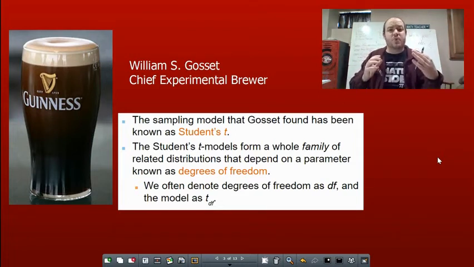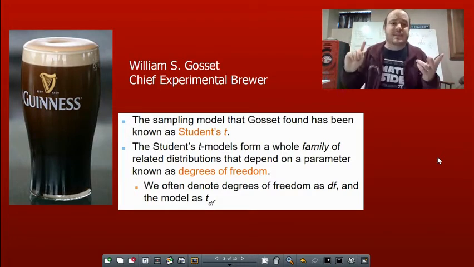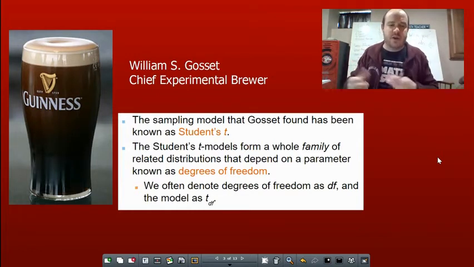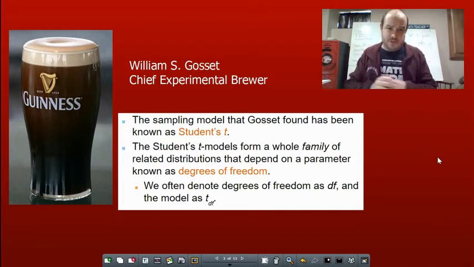So he decided, hey, we need to come up with a new system where I can still test my alcohol for alcohol content, for taste, for certain levels of other things that go into beer, without wasting all the beer that your little Z distribution requires.